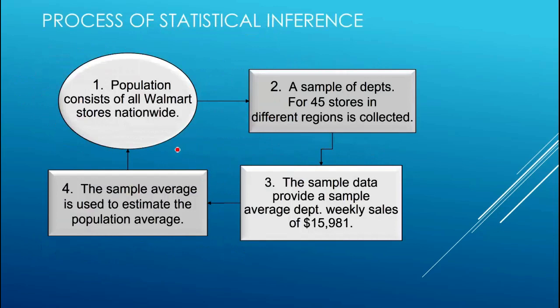Here's a schematic of statistical inference. First, there's a population that we're interested in. Going back to our Walmart example, we might be interested in knowing department sales or average department sales across all departments and across all Walmart stores in the United States, nationwide. So what we have in our sample is a sample of just 45 stores.